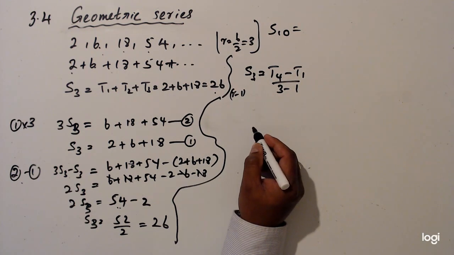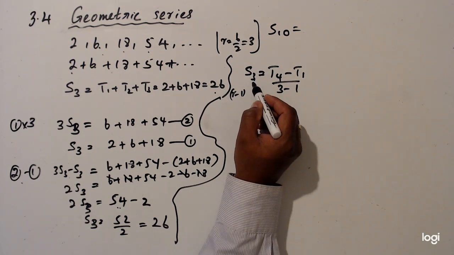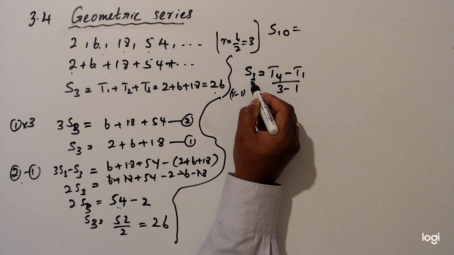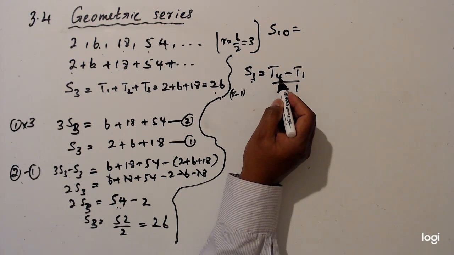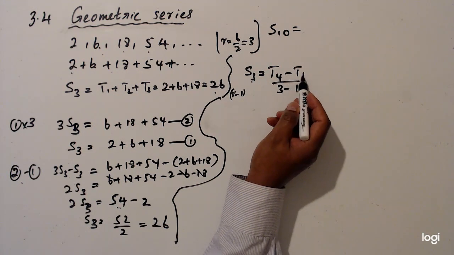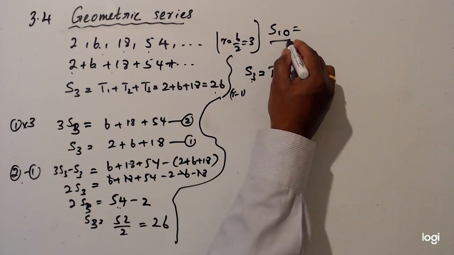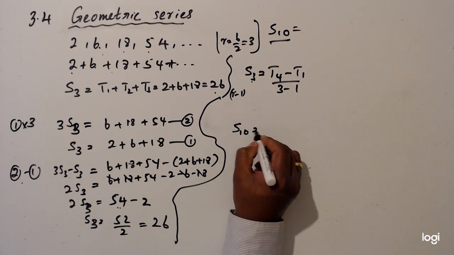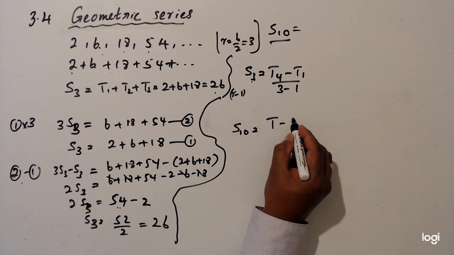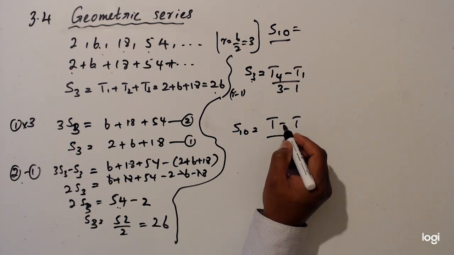Likewise, let's see the relationship. If this is 3, that is 4, one more than 3, and everything else is as normal. Now if I need to find S10, it is going to be t minus t over, which t?